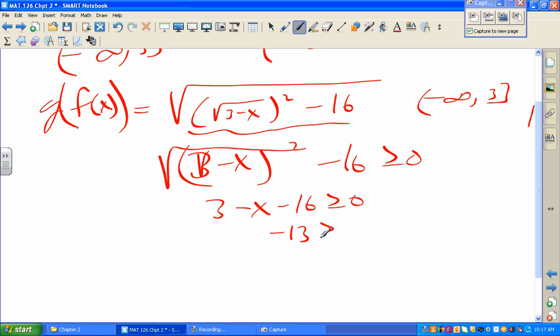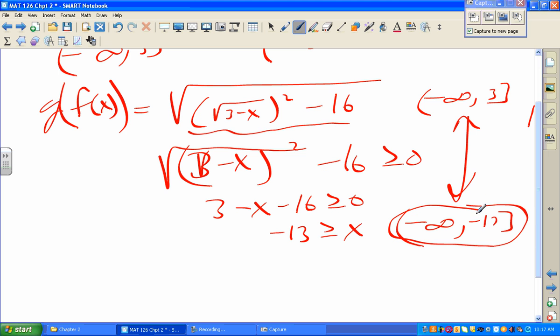Negative 13 is greater than or equal to x. So that would be negative infinity to negative 13. So what do they have in common? Obviously this one. Is that even close? Something about the math doesn't feel right on that one.